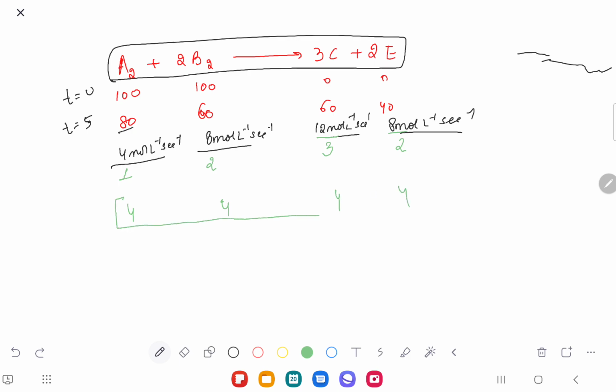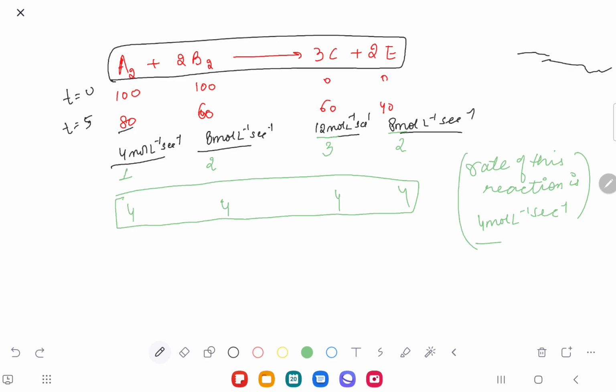Now this makes sense, that I can say the rate of this reaction is 4 moles per liter per second. Yes or no? Are you understanding?